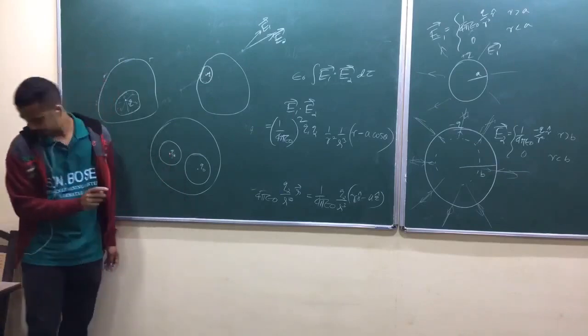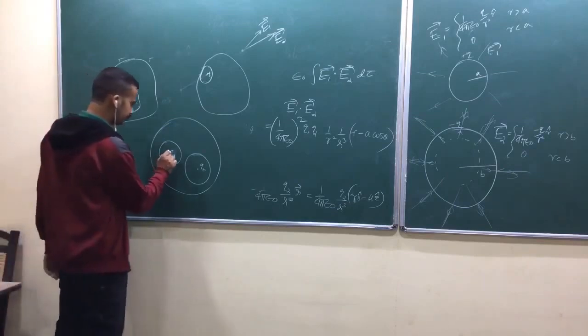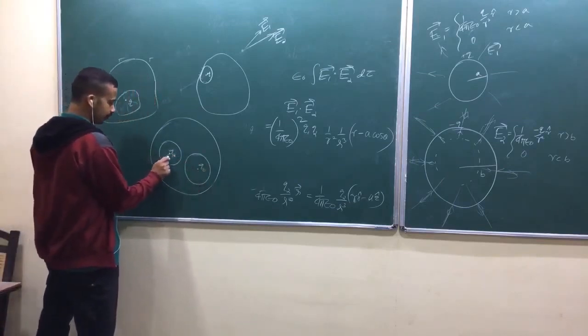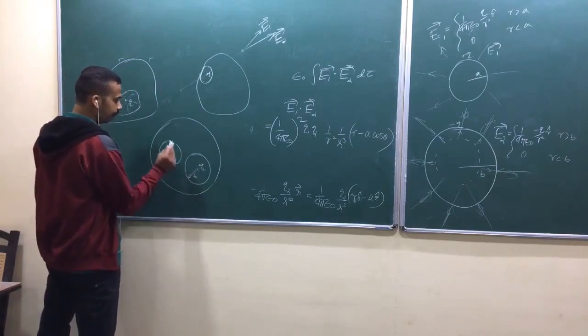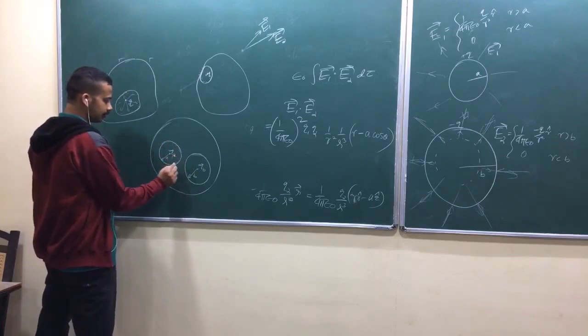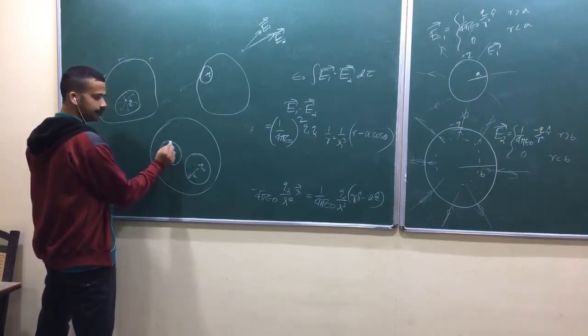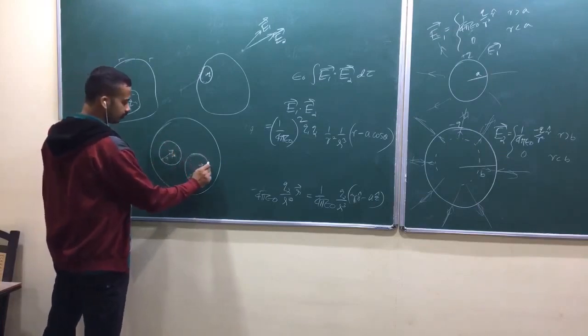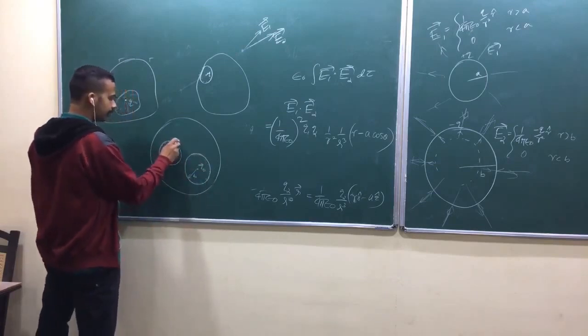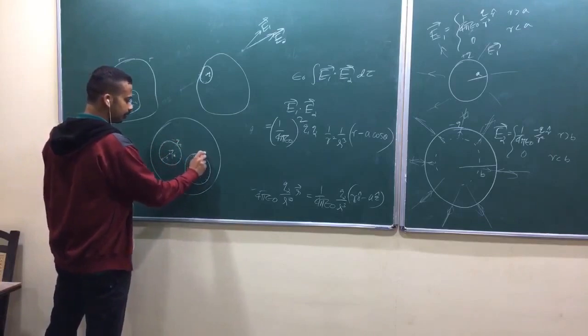QA and QB are both positive, am I right? Due to this positive charge, negative charges accumulate on the cavity surface. So the total negative charge should be minus QA and minus QB.